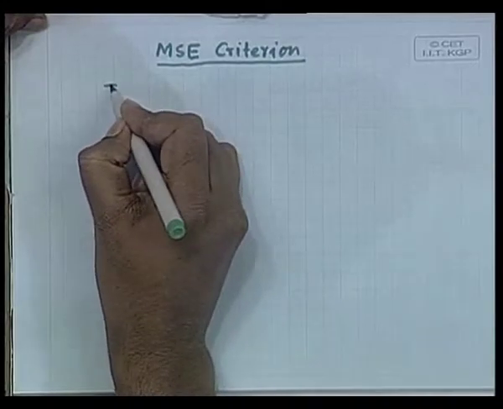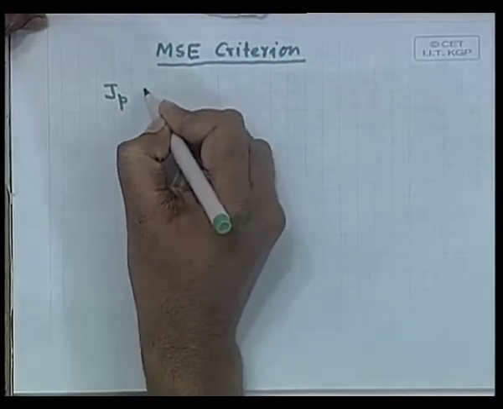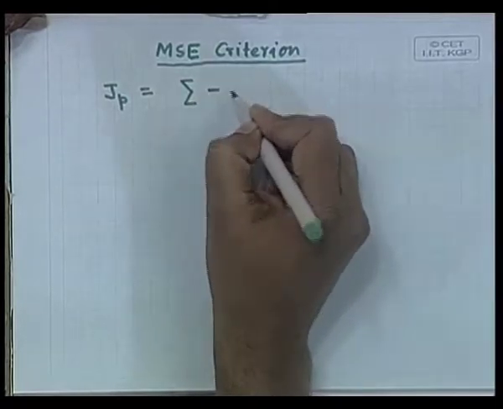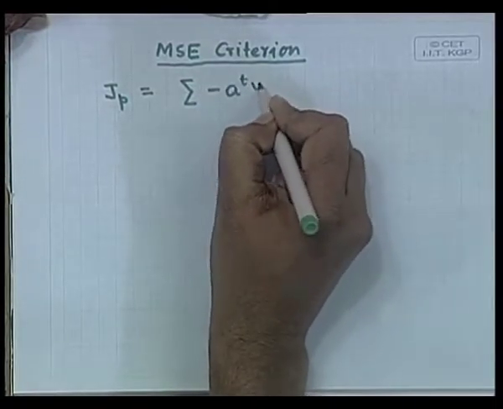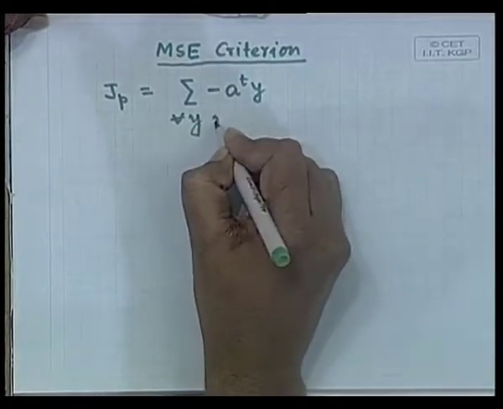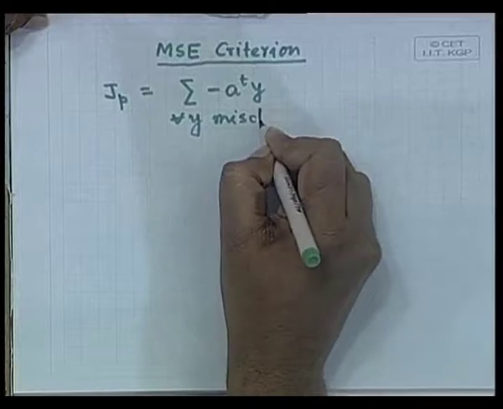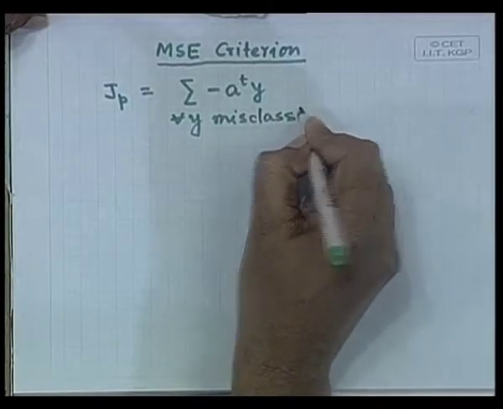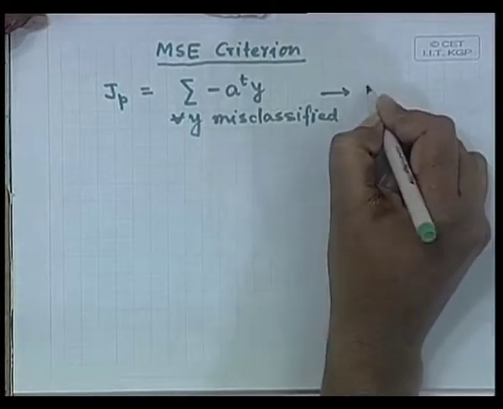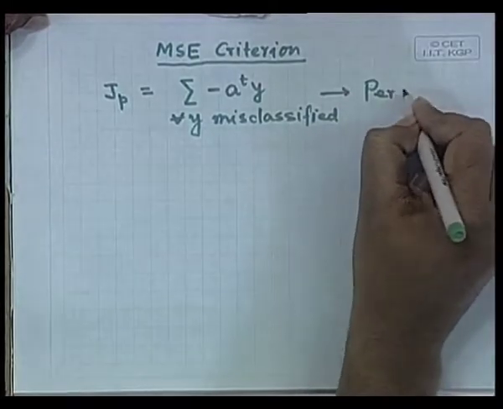So, in case of perceptron criteria, you define a criteria function which is given by J p, which is nothing but minus A transpose y for all y which are misclassified. So, this was the perceptron criteria function.